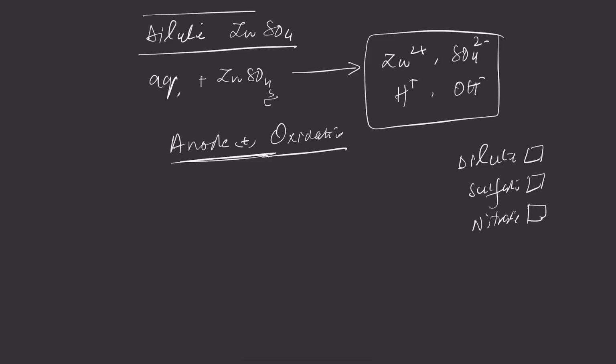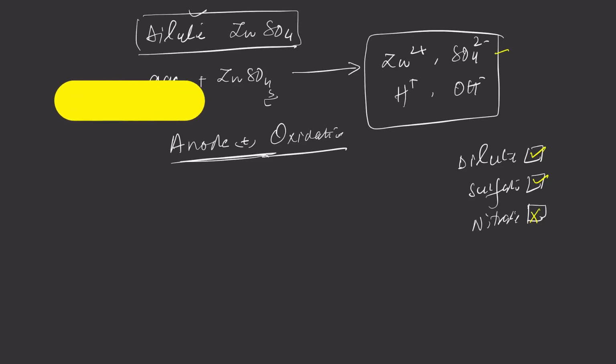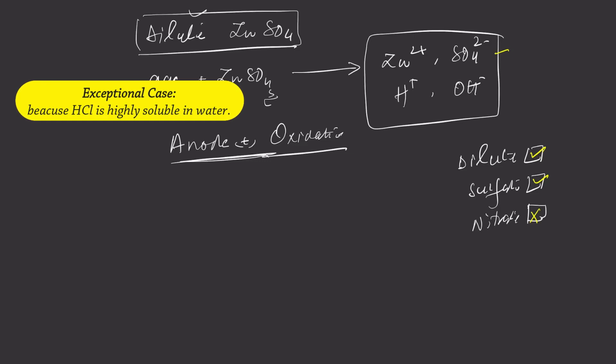Come toward the statement of the question. There is a dilute. Yes. There are sulfate ions. Yes. No nitrate ion. Even a single tick is there in these three boxes. Simply it means your winner is OH- ion.